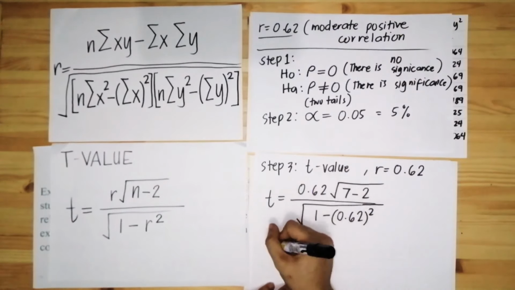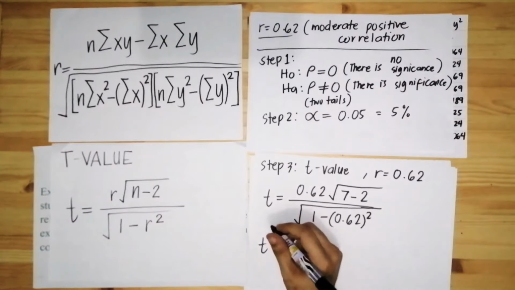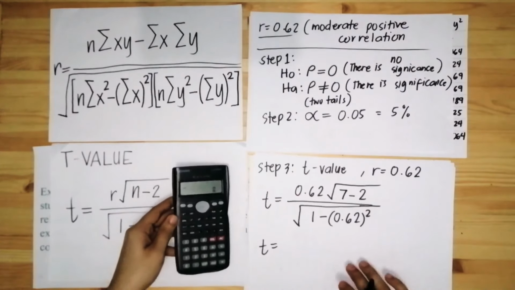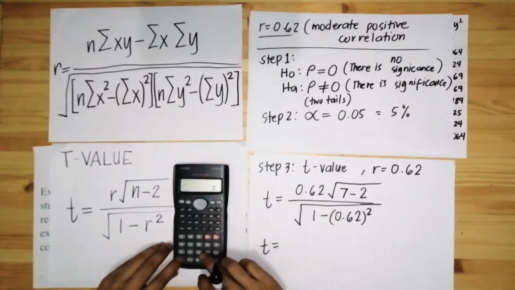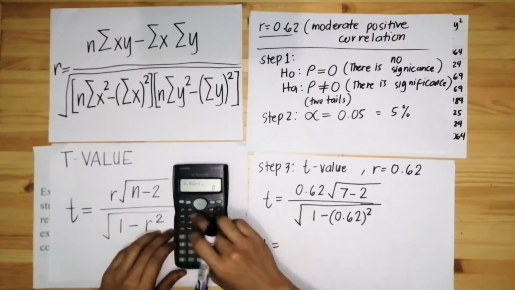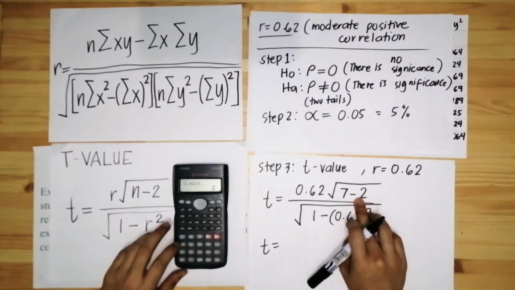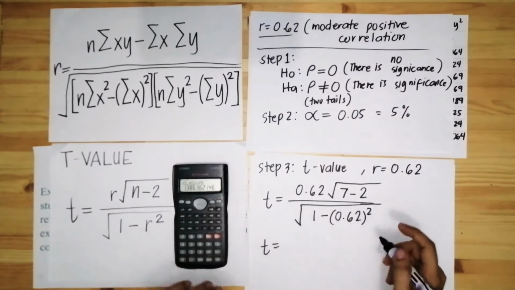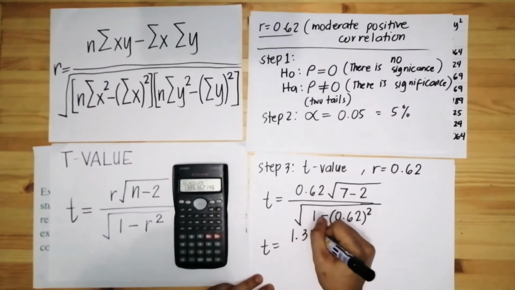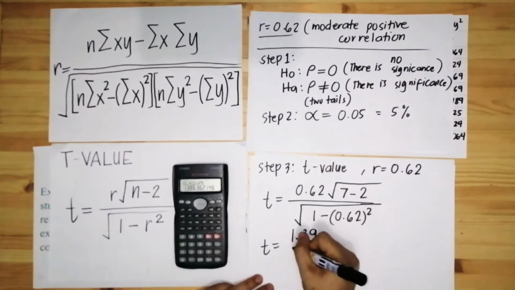Then, compute natin yan sa calculator. This will be equal to, tignan natin. Ito muna, 0.62 times square root ng 7 minus 2, we all know that it's 5. So, square root of 5 na nalagay ko. The answer is 1.39. Okay?